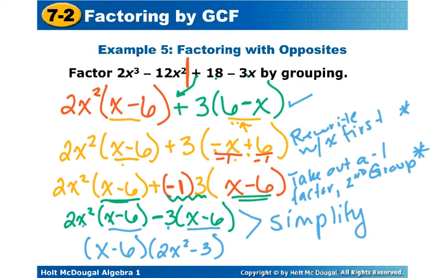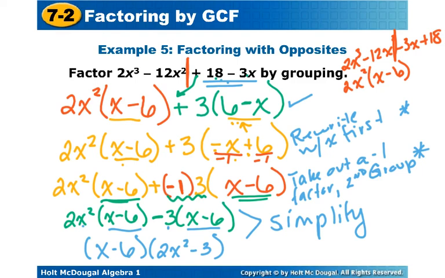Okay. Now, some of you might be saying, well, couldn't I just take this and rewrite it? And the answer is yes. So if you wanted to, you could rewrite this part right here. So like if I was given the 2x cubed minus 12x squared minus 3x plus 18, and then you were to simplify it, again, just by doing your grouping, you have 2x squared on the outside, and you would have x minus 6, and then taking out your GCF from over here now.